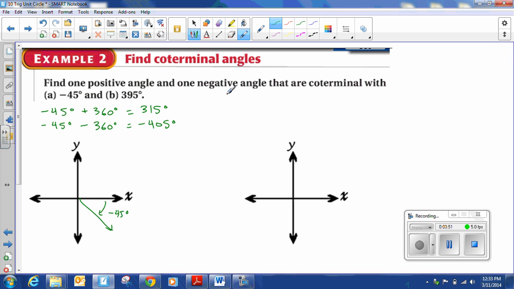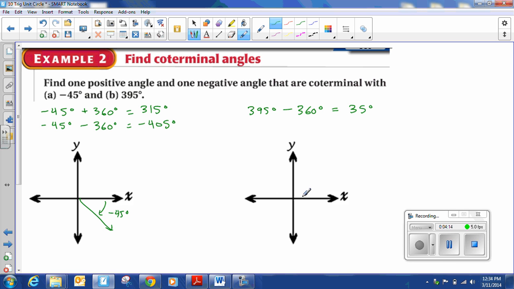Now over here, let's do 395. So notice that 395 degrees is already greater than a full circle. So I'm going to subtract 360 to find the positive coterminal angle. And let's draw 395 first.